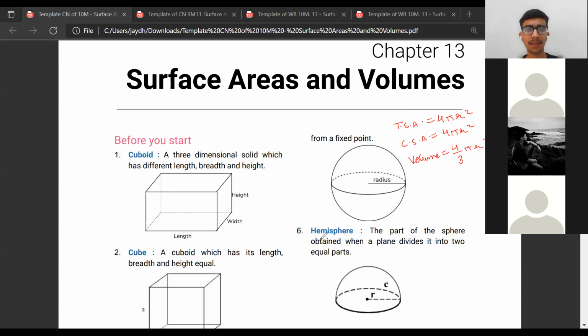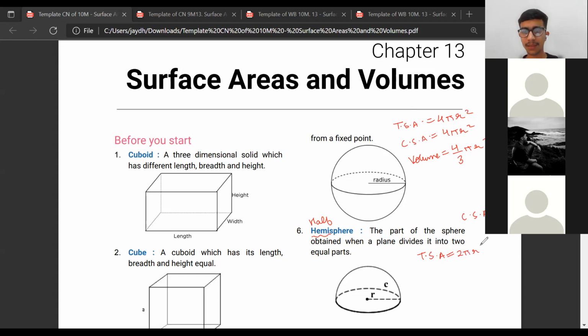Now hemisphere, as the name suggests, hemi, that means half. So it's half of the sphere. So everything becomes half for a hemisphere. Now first tell me what is the CSA for a hemisphere? 2 pi R square. Okay, what about the TSA? 3 pi R square, because the base circle also gets added.